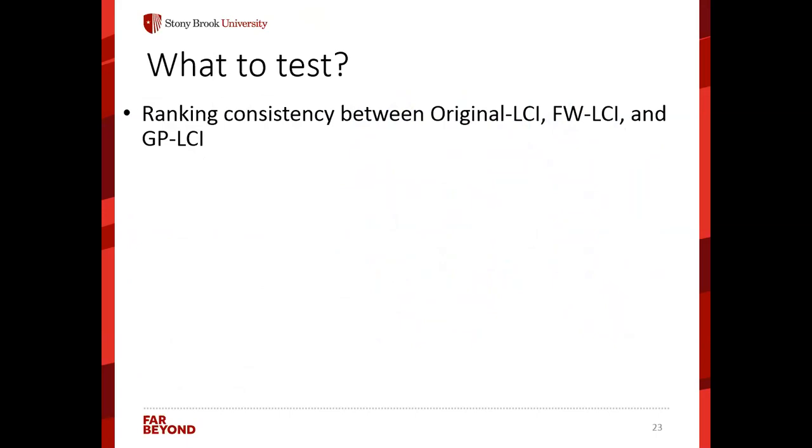And GP is the same, only using viable paths, but using gradient projection. One thing we want to test is whether, after we do the modifications and come up with the Frank-Wolfe LCI and GP LCI, the rankings between those three match. Basically, do those measures identify the same set of links as critical?